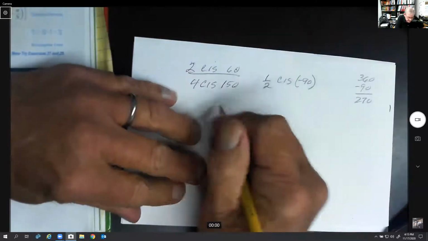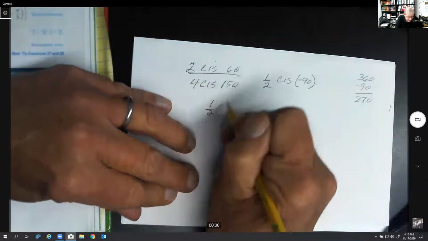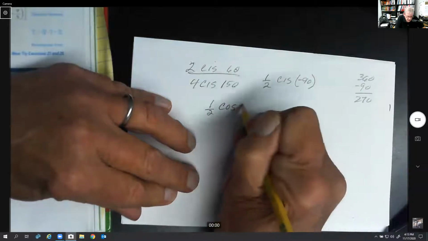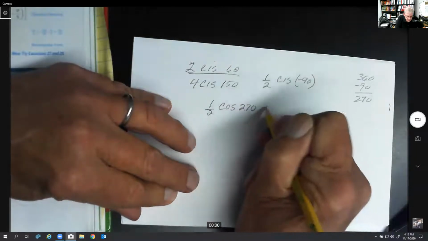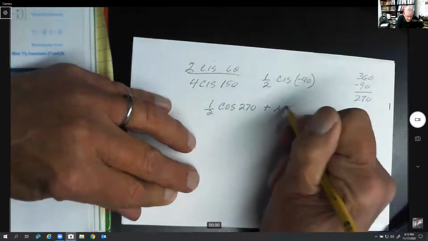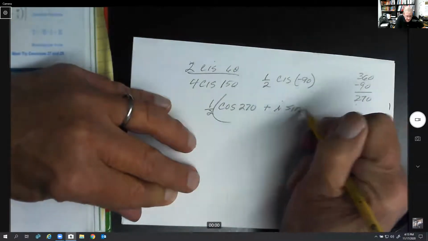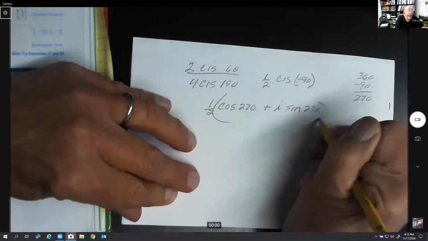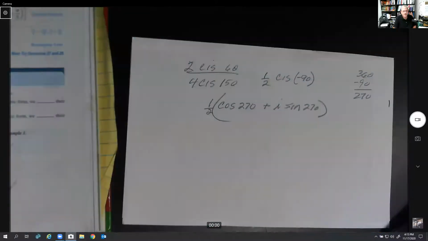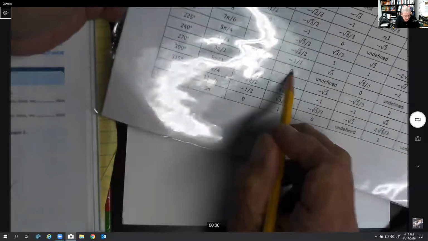We could expand this out as 1/2 times the whole thing, cosine 270 plus i sine 270. What is the cosine of 270? I don't have my chart handy, of course. Here it is. Cosine of 270 is 0.